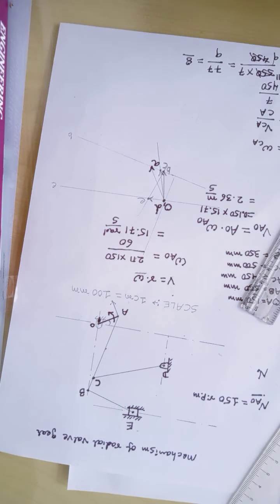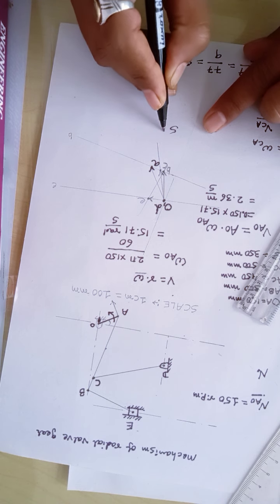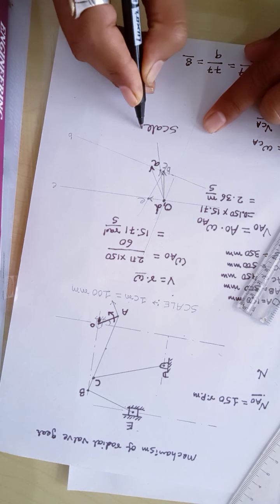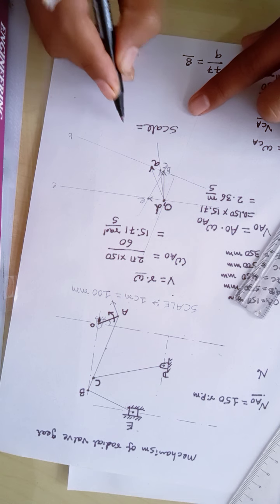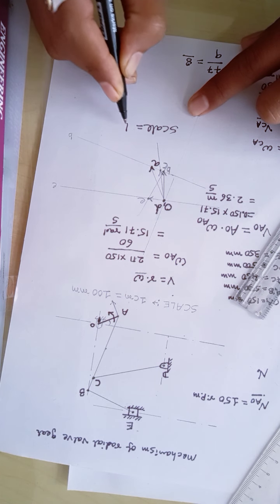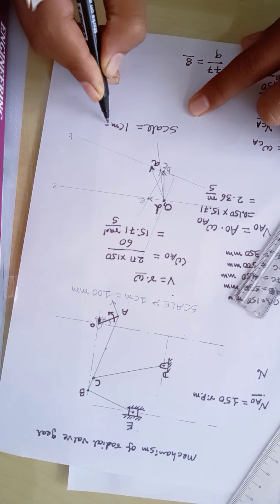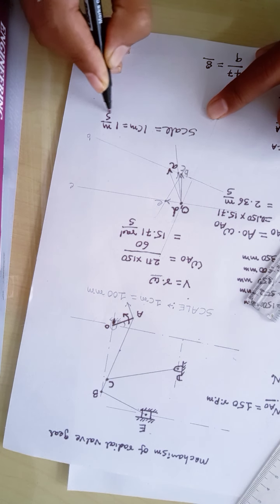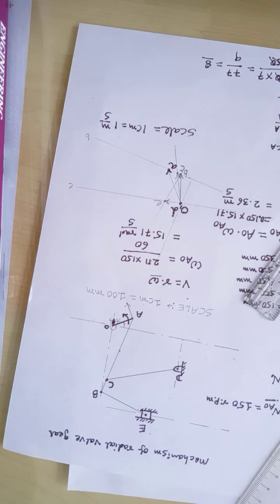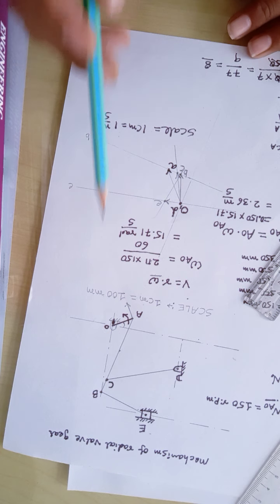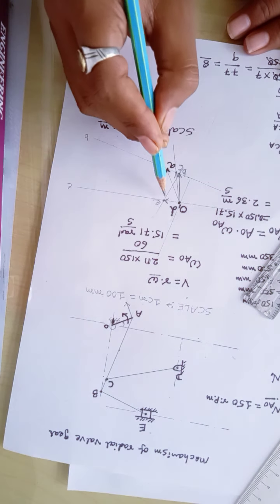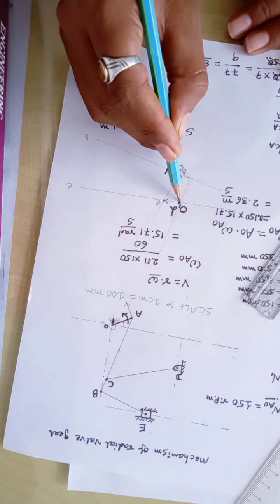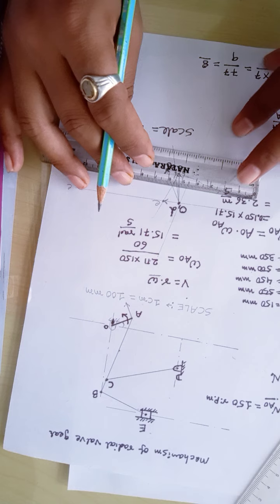Now the scale that we have taken is 1 centimeter equal to 1 meter per second. See this scale we have taken. So suppose somebody asks what is the velocity of slider. Slider velocity is taken always with respect to fixed points, or the point whose velocity is 0.